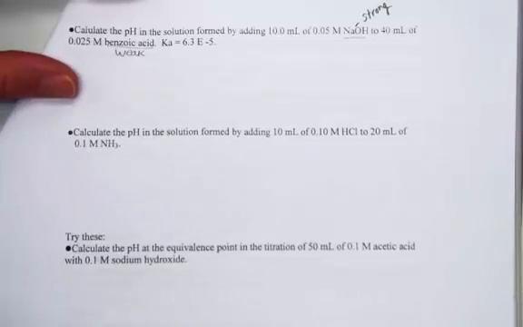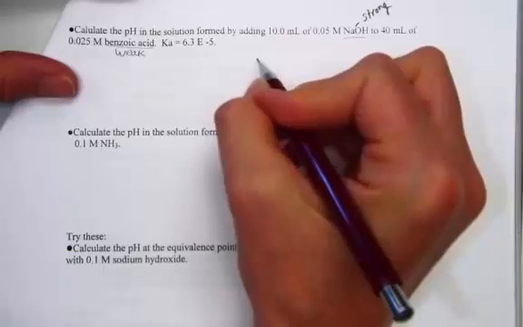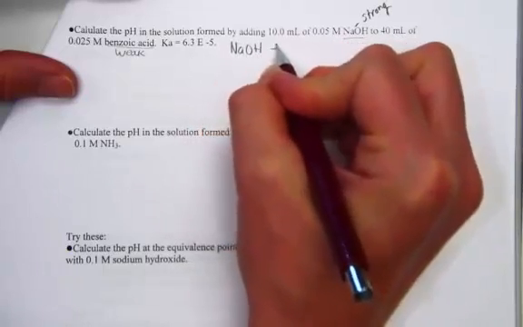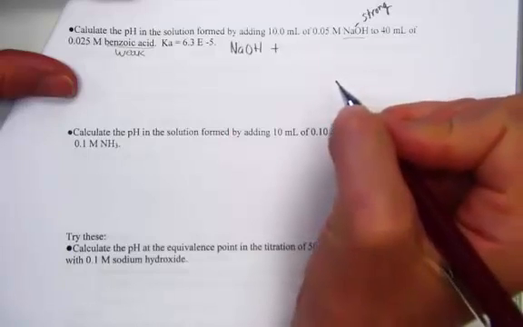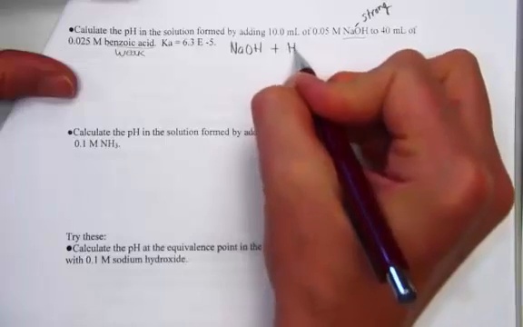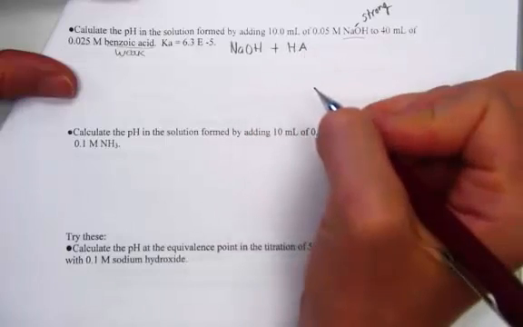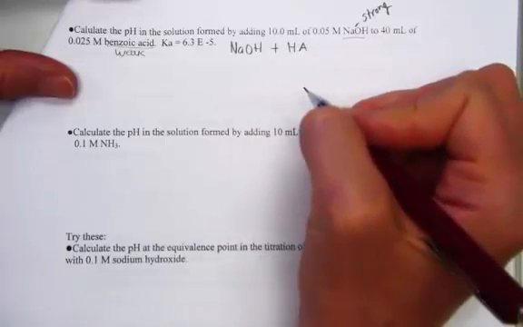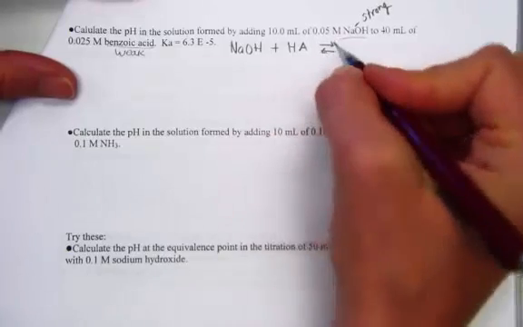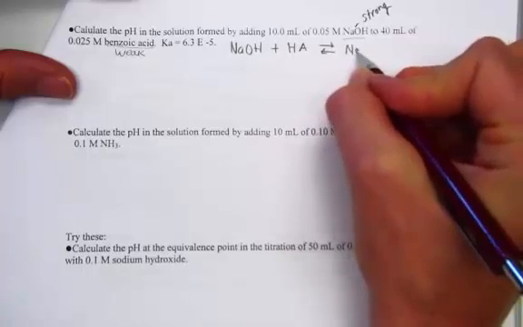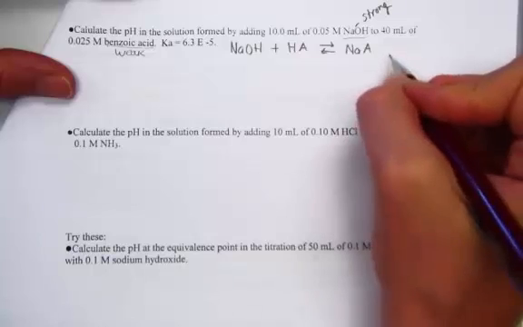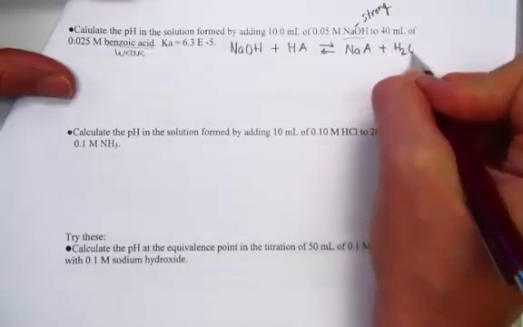Let's begin first by considering the stoichiometry. The base we are adding is sodium hydroxide, NaOH. I'm not even sure of the benzoic acid formula, so I can simply write that as HA, where HA can represent any monoprotic weak acid. The pattern of change is a double displacement, where we set up sodium benzoate, but I'll simply write that as NaA, and H2O.